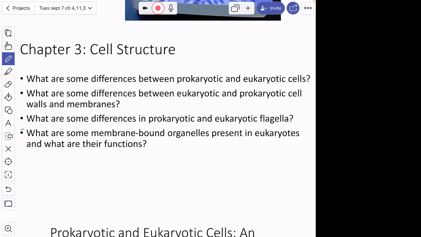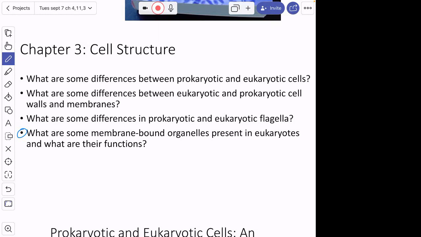I'm going to do that quickly because if you are interested in organelles, you should probably take a cell biology course. I just hit on a few that are going to be important later when we're talking about our immune cells and how they function. So I'm focusing more on the prokaryotic structures, but in some cases, it's helpful to compare the prokaryotic versus the eukaryotic structure.